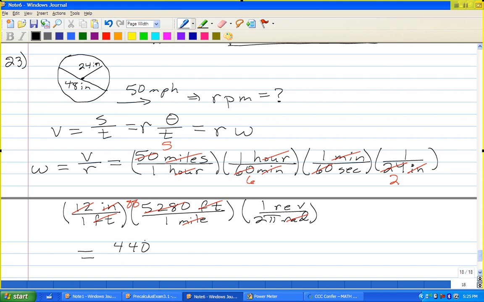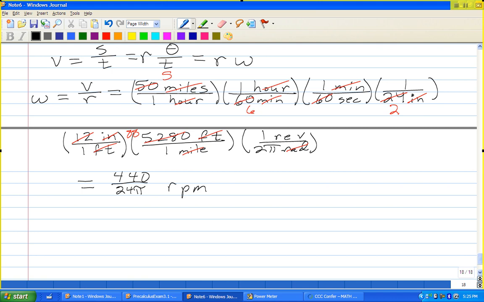At least there'll be fewer cancellations to do. 5 times 88, and then 6 times 2 times pi is 24 pi. Okay, divide by 8. So 55 over 3 pi.